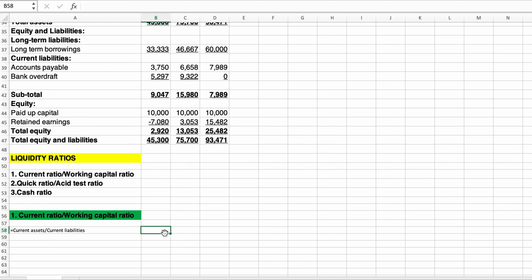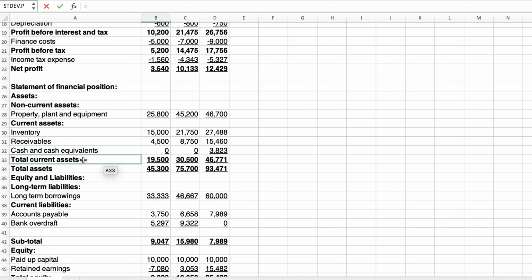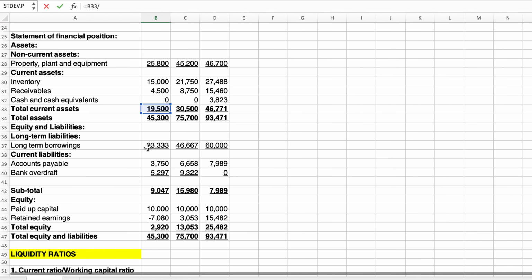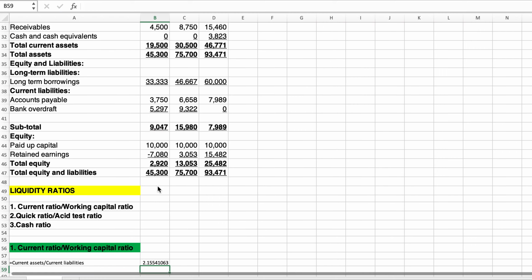Our total current assets here are 19,500, divided by the total current liabilities, which is comprised of accounts payable and bank overdraft.